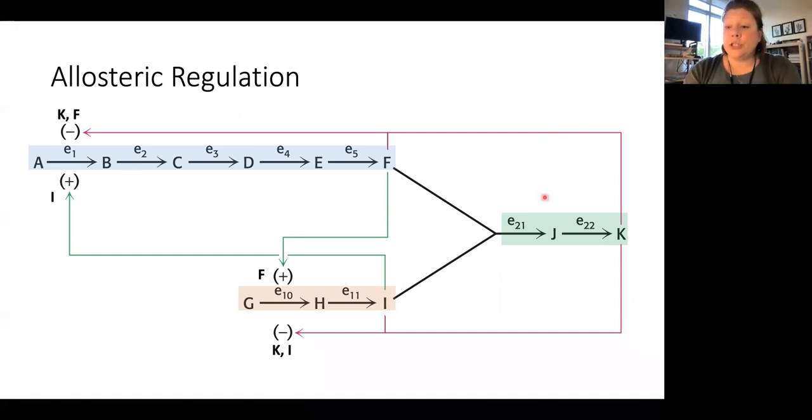It is important to note that when we're saying that K can come back and allosterically inhibit or allosterically negatively regulate, allosteric regulators are non-competitive inhibitors or non-competitive activators. They're not binding to the active site. They're not competing for space in the active site. Instead, they're binding somewhere else. They're binding allosterically. So they're non-competitive inhibitors.